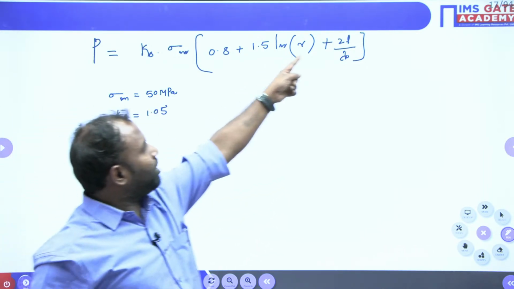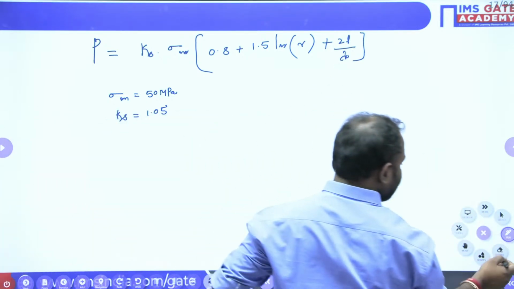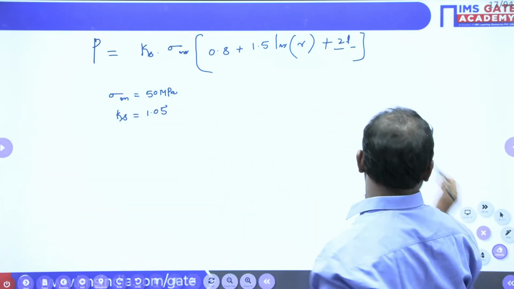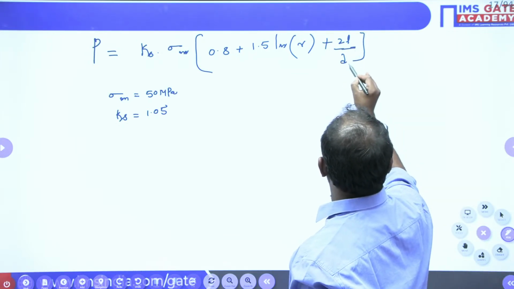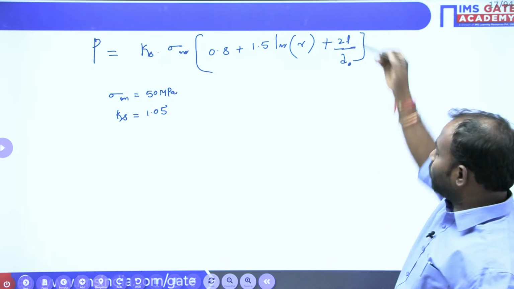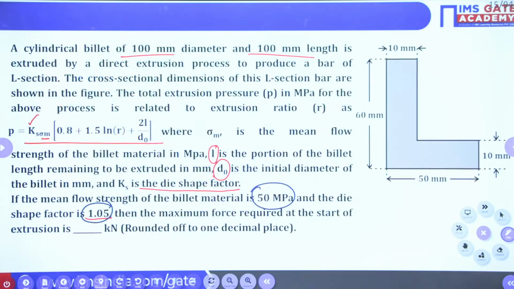Now we have to find L. What is L? It is D naught. Let me erase this and write it again. Now, how do they define L in the problem?